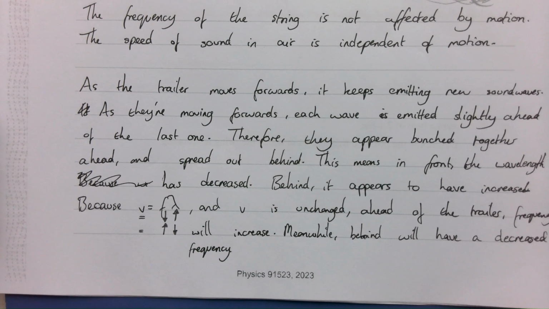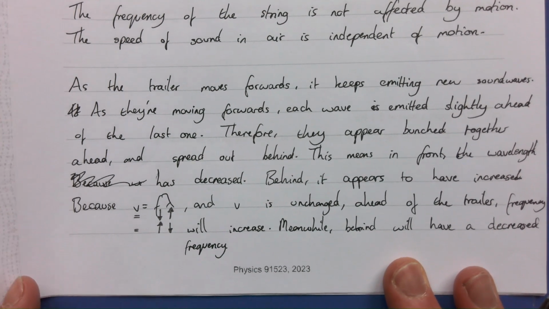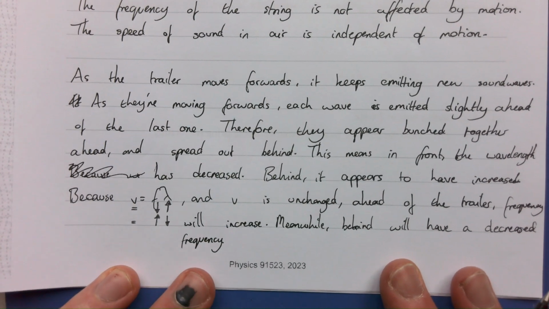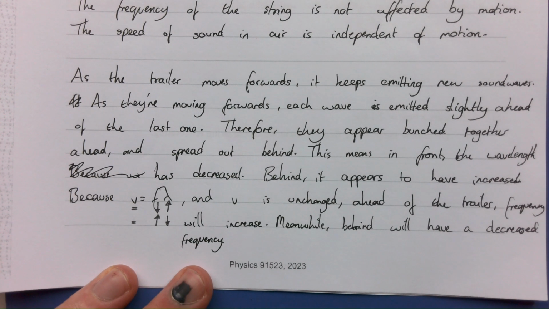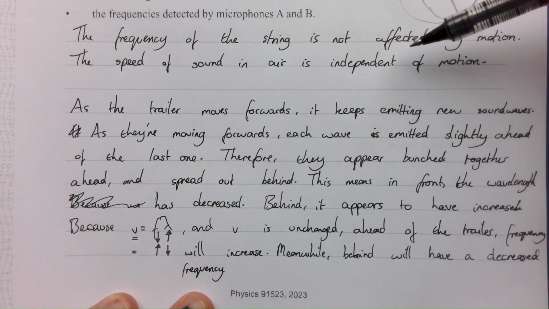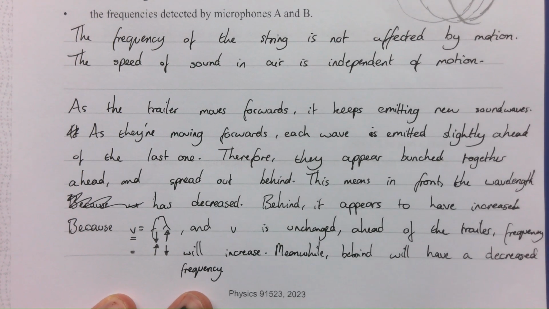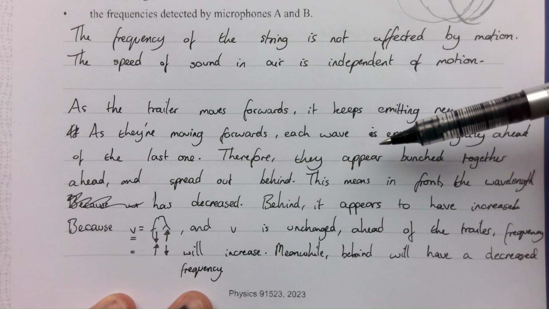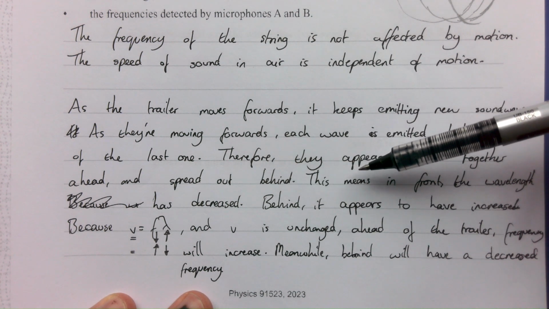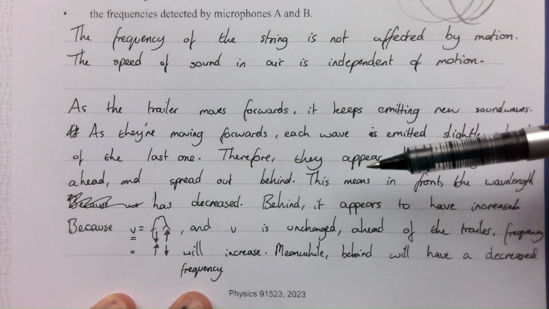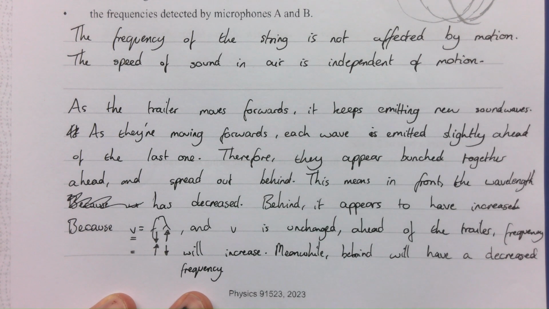If you reach a different conclusion, perhaps you're using the equations slightly incorrectly. For this question, to get excellence, you had to state, first of all, that these first 2 things do not get affected by the motion of the trailer or any motion. And you then had to say and describe why the wavelength both increases and decreases based on being behind or in front of the trailer.